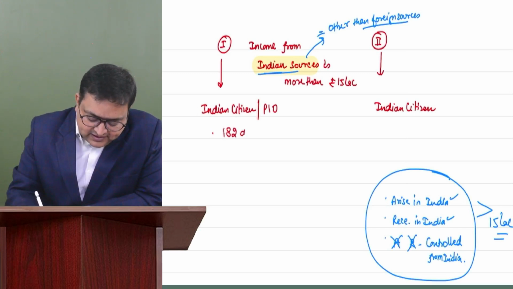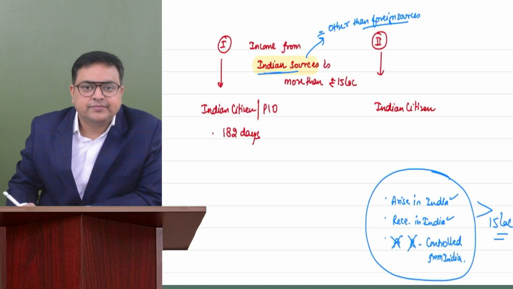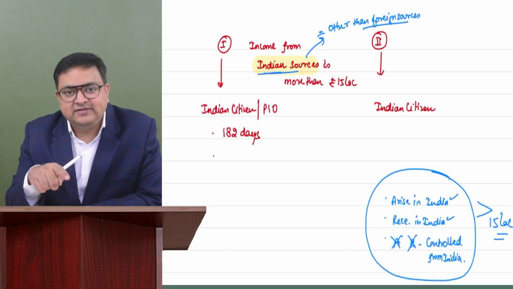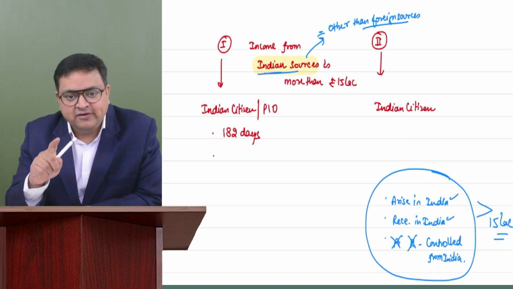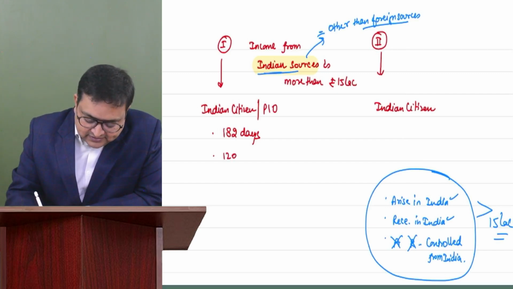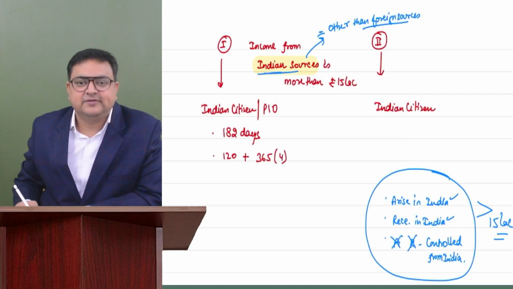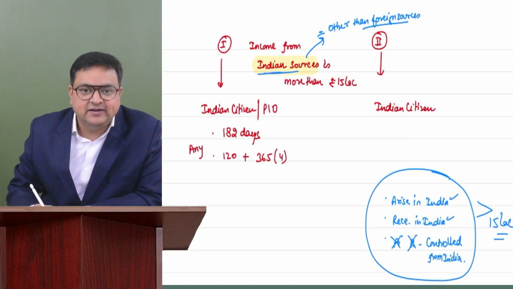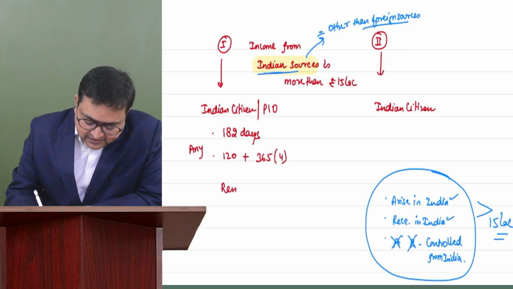We will not see 60 days here. We have to see either 182 days or more in the previous year, or 182 days in the previous year plus 365 days in the last 4 years. If any of them is satisfied, then he will become resident.